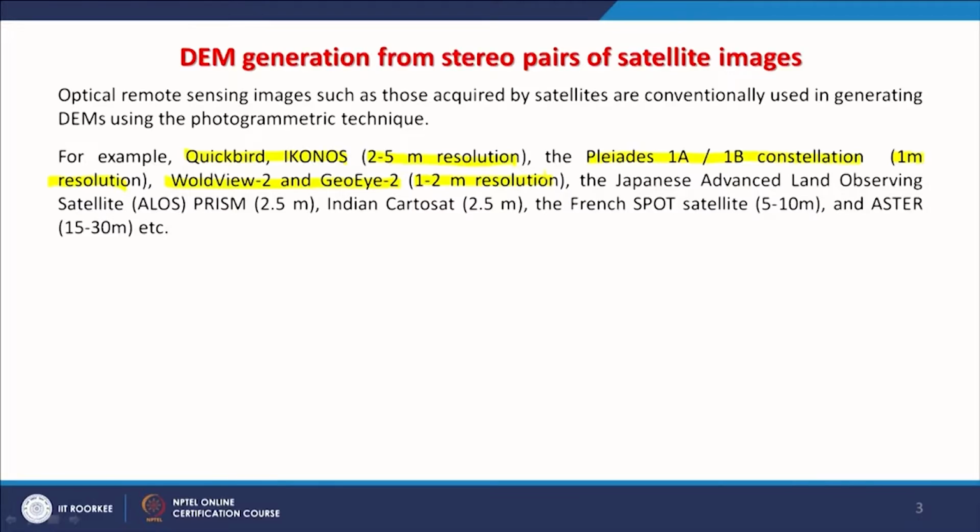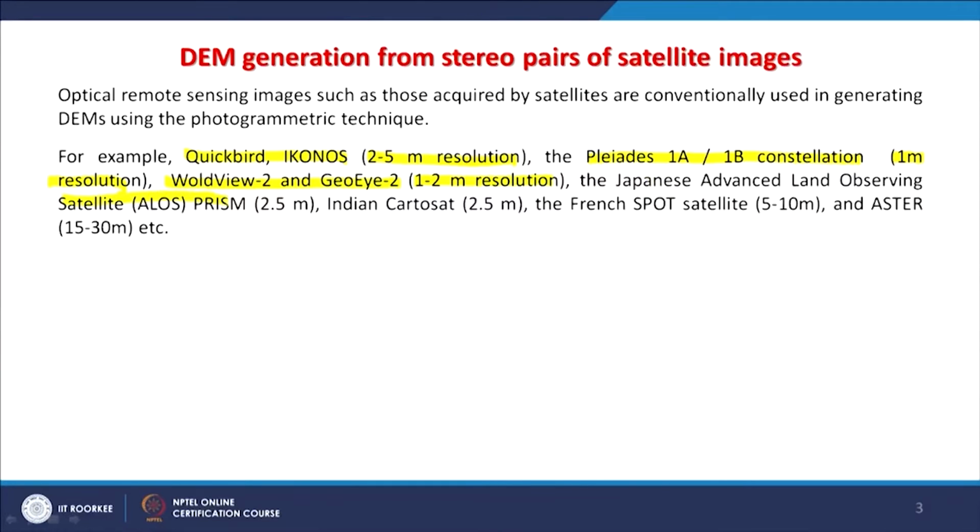For all these satellites which I have discussed, you have to buy the data, which is very expensive. So, unless it is really required to have a digital elevation model at 1 or 2 meter resolution, one should think of employing the stereo pairs of these satellites. Otherwise, one should try to resort to free data like ALOS data, Indian Cartosat data or the French satellite at 5 to 10 meter, or ASTER data, which is 15 to 30 meter.